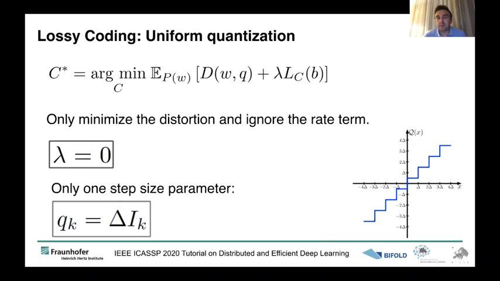Another very simple example, a very simple quantizer, is just uniform quantization. So for example, you can just say that I don't care about the rate term. I just want to have a good quantization using a step function. And if you do this very simple approach, using a step function, then you just have one parameter, namely the step size for your reconstruction values.